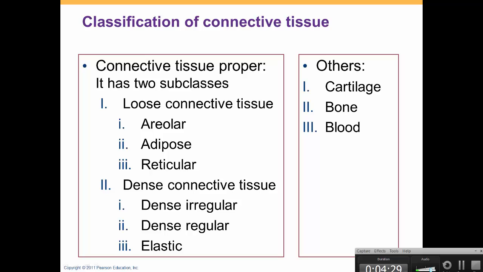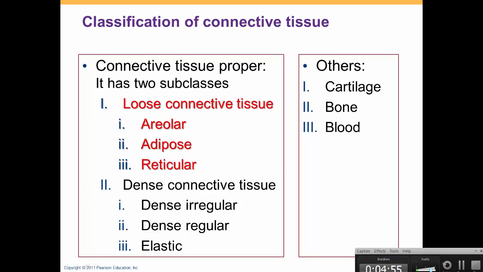The loose could be areolar, adipose, and reticular. And the dense is either dense regular or irregular, and these two have collagen fibers predominantly, or elastic, and as the name implies, these ones have elastic fibers predominantly. And when it comes to the reticular, well, they also have reticular fibers predominantly.